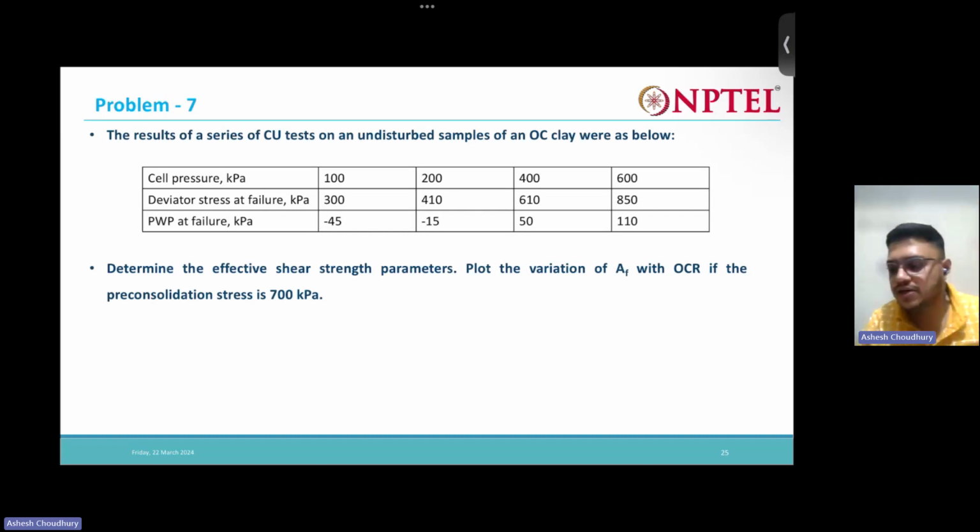Just I will give you 2 minutes. Just try to make that table. We'll be back in 2 minutes. The table will contain the sigma 1 prime and sigma 3 prime values finally, because we need those values to plot the effective Mohr circles. Then we'll draw the common tangent to find the C prime and phi prime values. Right?